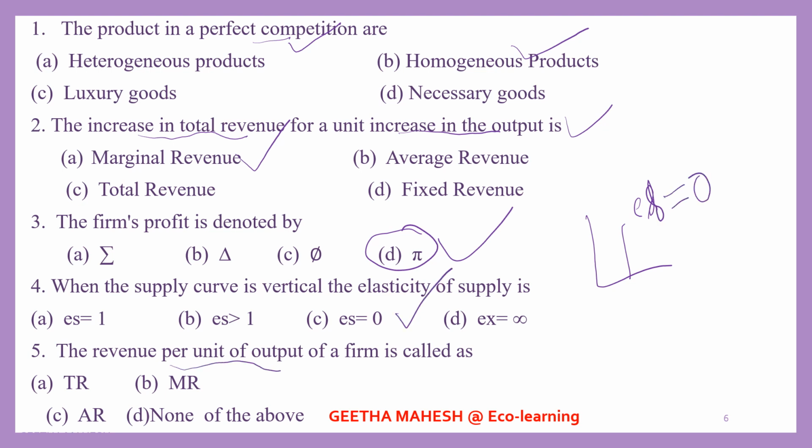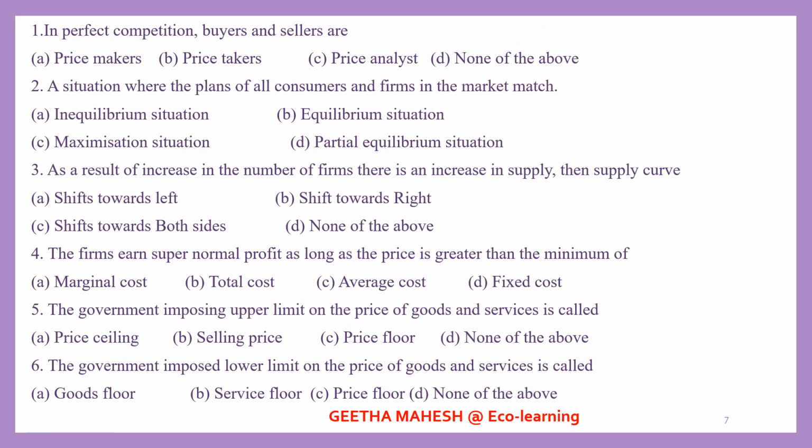Revenue per unit of output, that is average revenue. In perfect competition, buyers and sellers are price takers.